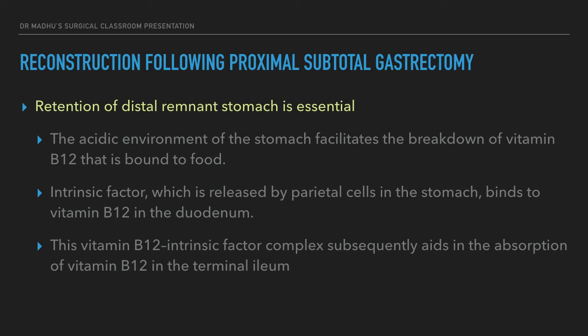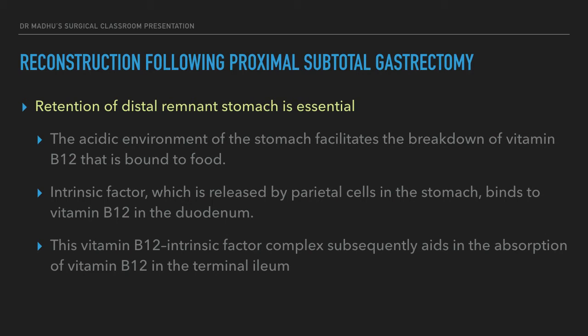The other thing that happens is there is better B12 and iron absorption because the acidic environment of the stomach facilitates the breakdown of vitamin B12 that is bound to the food. You all know about the physiology of intrinsic factor, which is released from the parietal cells in the stomach. It binds to the vitamin B12 in the duodenum. This B12 intrinsic factor complex subsequently helps in absorption of vitamin B12 in the terminal ileum.